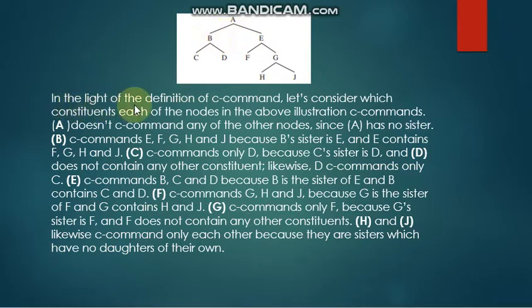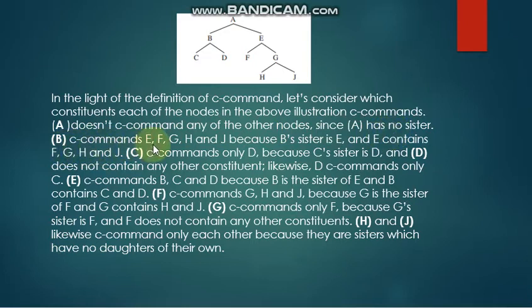Okay, in the light of the definition of C-command, let's consider which constituents each of the nodes in the above illustration C-commands. So A doesn't C-command any of the other nodes, since A has no sister.